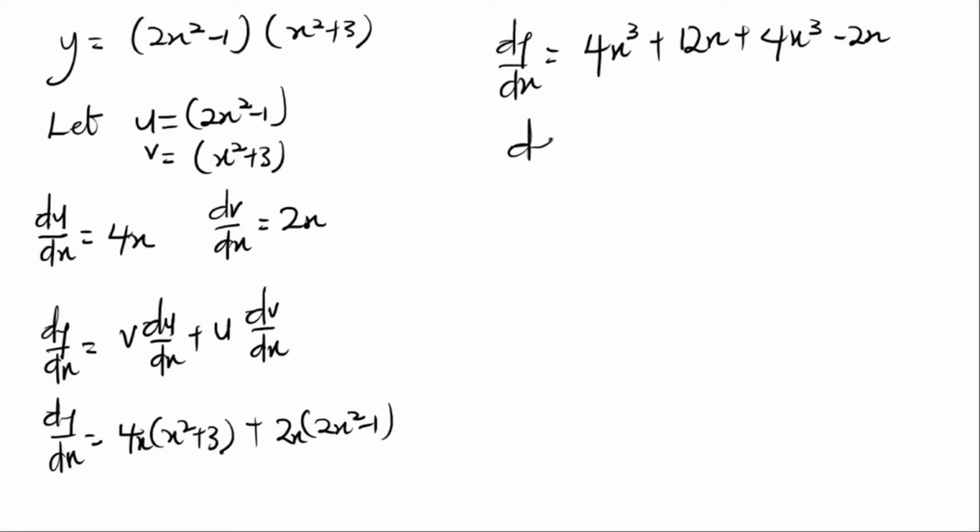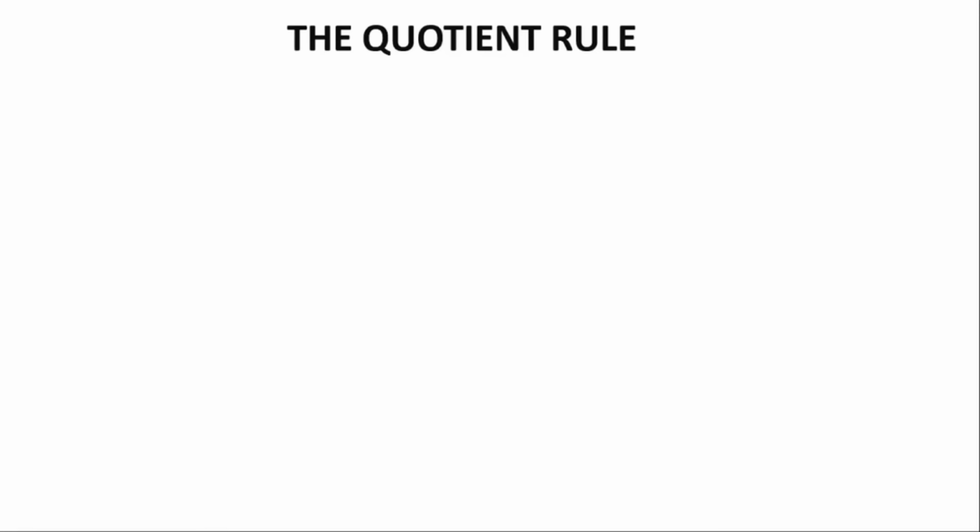So our dy/dx is now equal to 4x cubed plus 4x cubed, which becomes 8x cubed. Then plus 12x, minus 2x, it becomes 10x. So if we differentiate this function using the product rule, this is our final result after differentiating the function above.